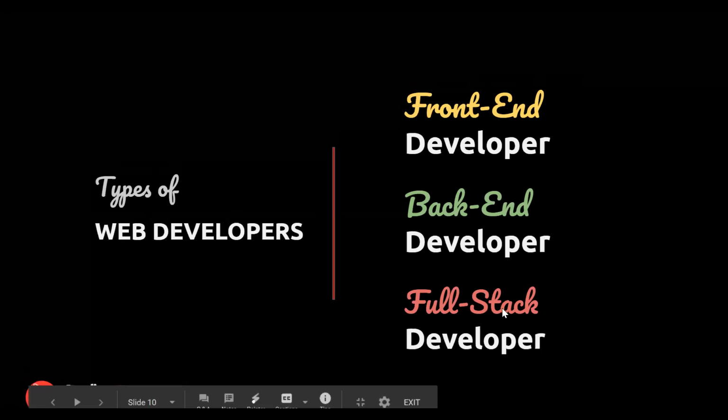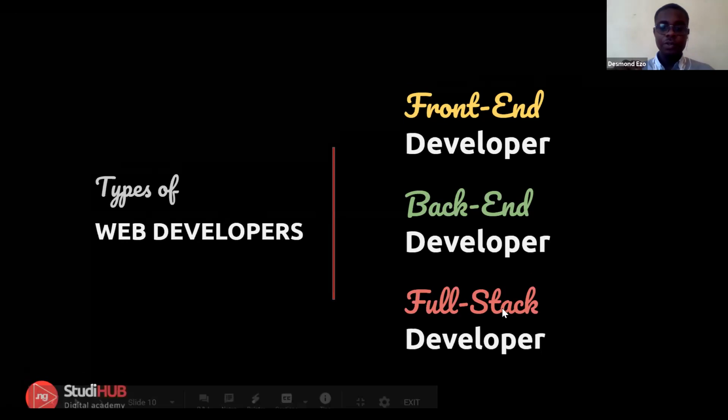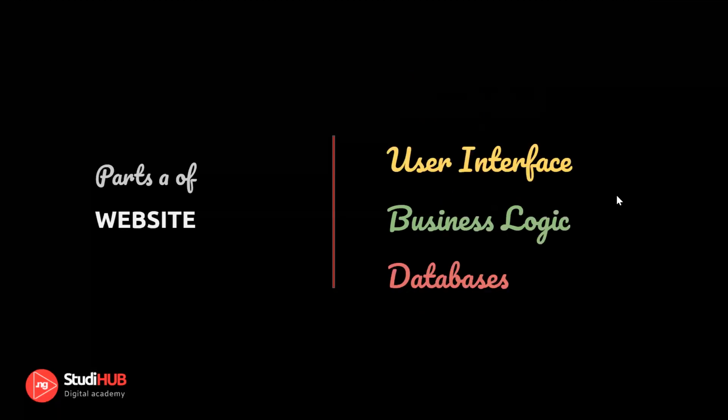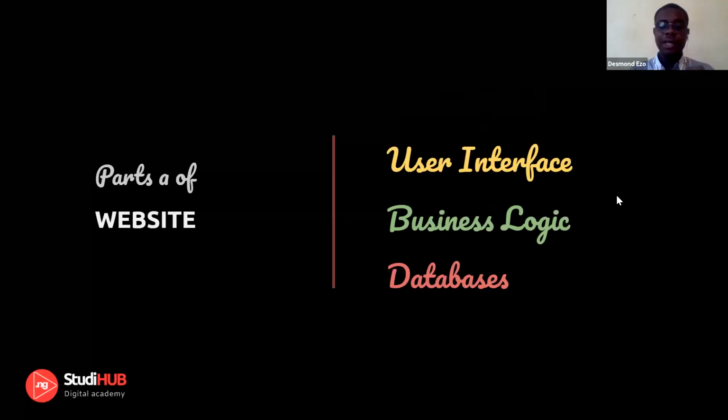Okay, so modern applications now have three parts. We have the user interface part, we have the business logic, and we have the databases. Modern web applications are divided into these three parts. The user interface is the part we see and we interact with.